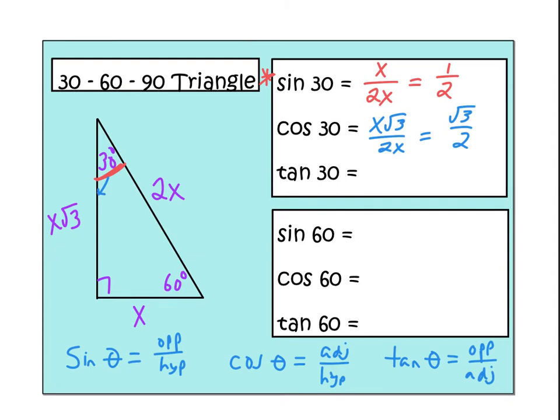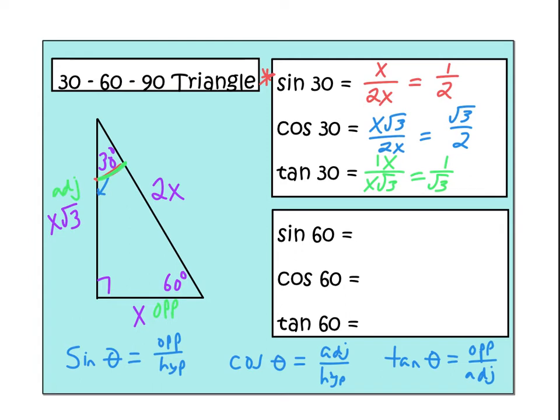Now for the tangent of 30, again, if 30 is our reference angle here, the opposite is down here, the adjacent side is over here, so the tangent would be x over x root 3. The x's do cancel, so we're left with just 1 over root 3.